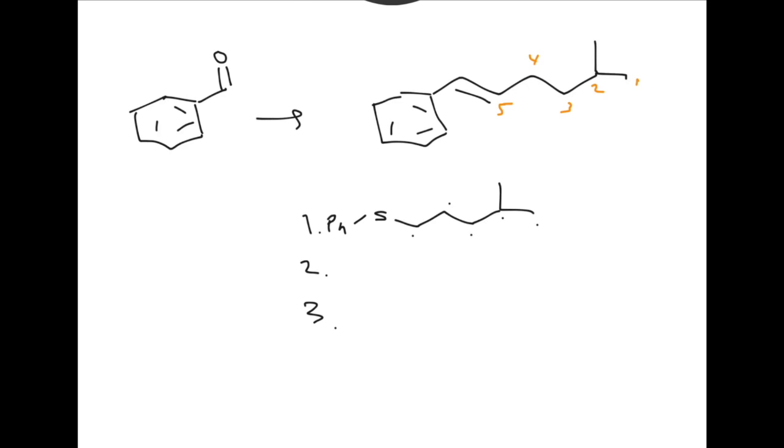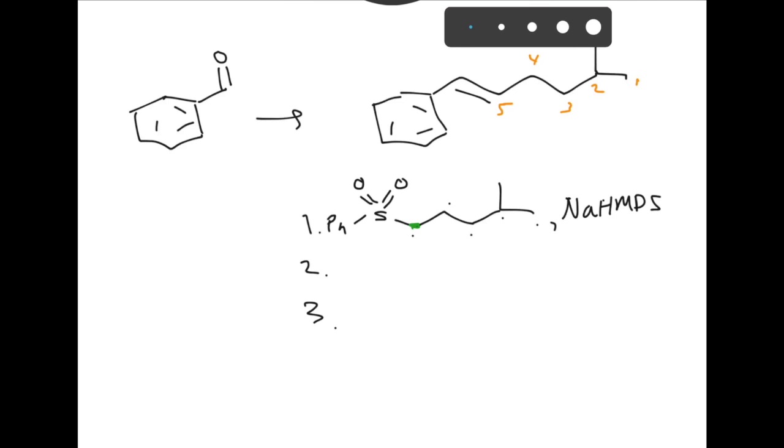And in a classic Julia olefination, that sulfur is usually just attached to a phenyl group, and we have 2 oxygens. Right? And again, we're going to need a base. They usually use an HMDS, a hexamethyl disilazane. Right? So that first step, that's going to add this carbon right here to this carbon.